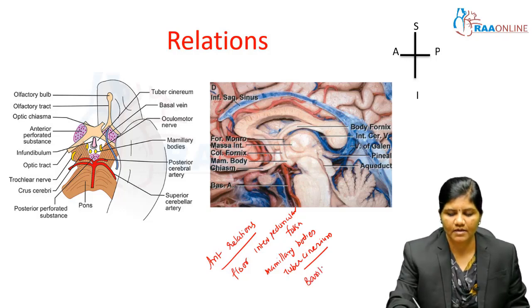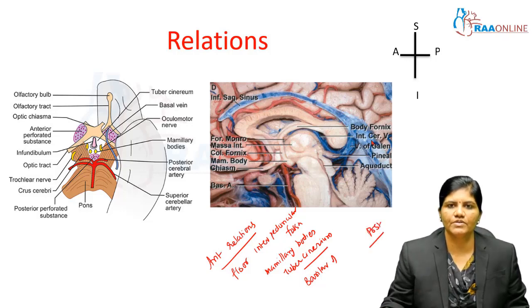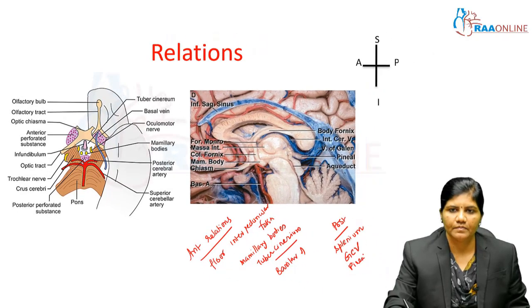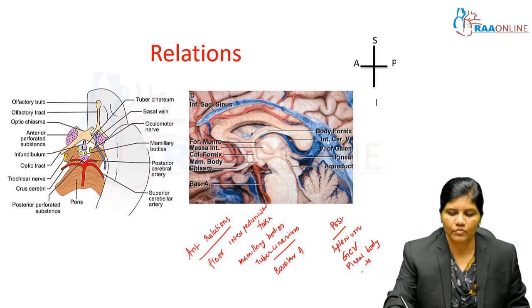The posterior relations are, here you can appreciate the splenium of corpus callosum. The splenium as well as the great cerebral vein, pineal body and the posterior end of thalamus form the posterior relations.